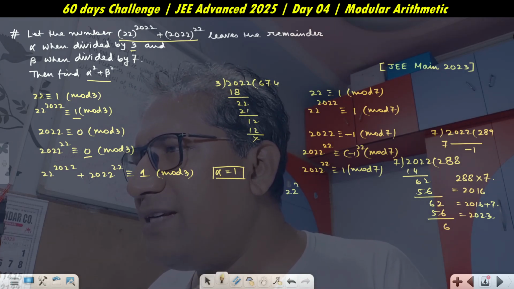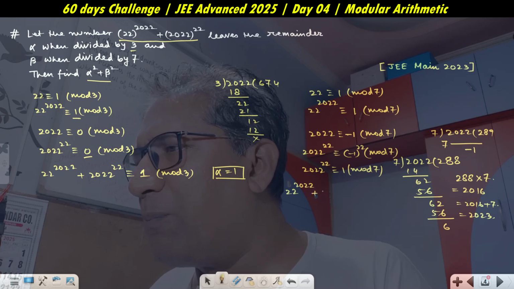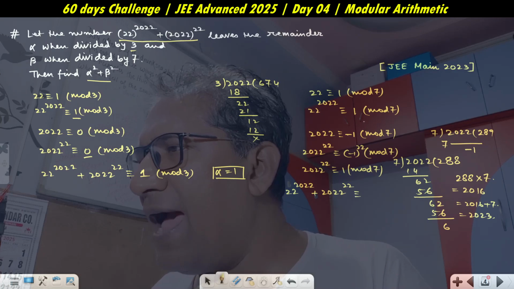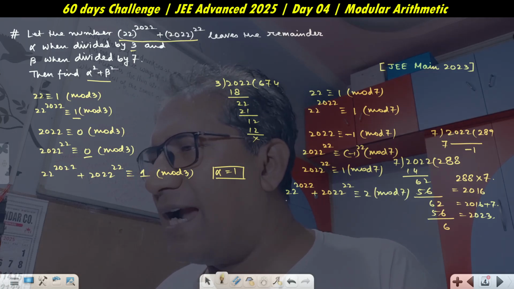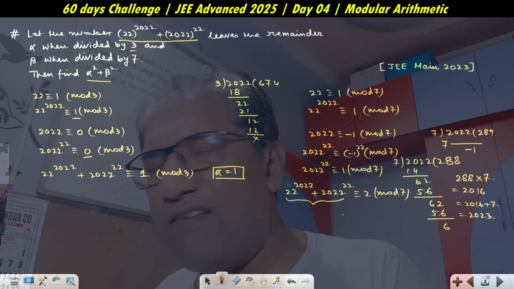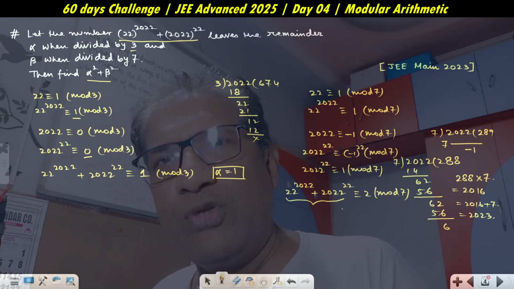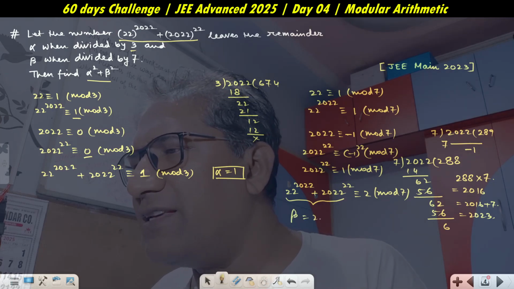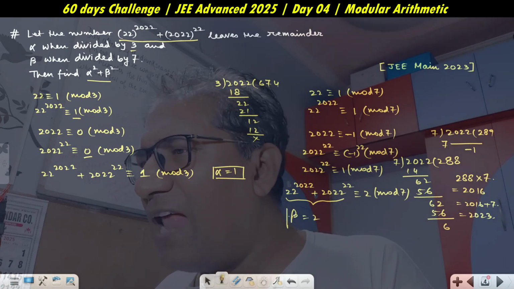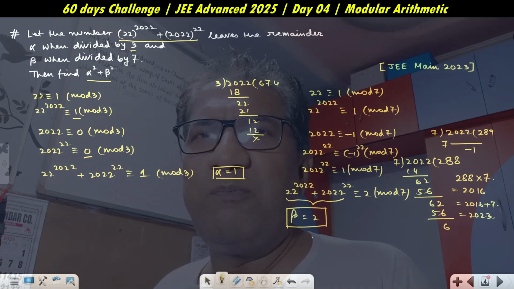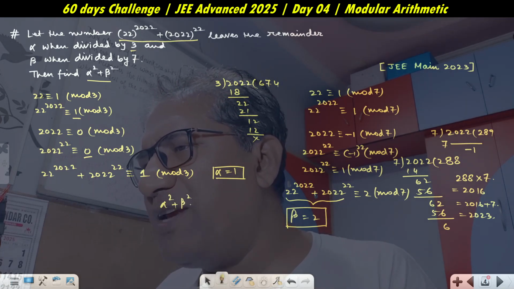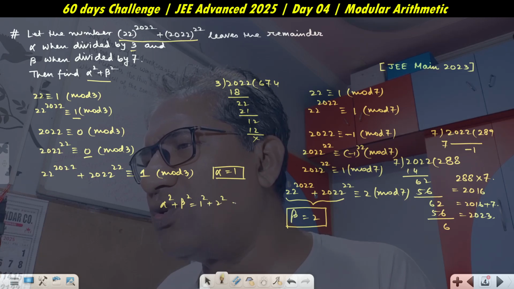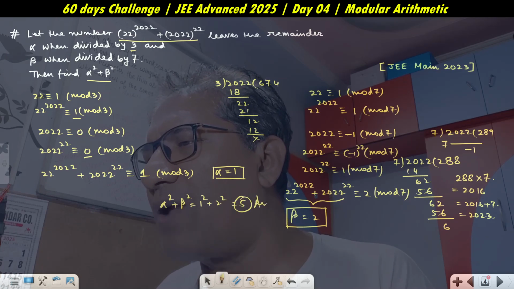Thus, 22 to the power 2022 plus 2022 to the power 22, adding the corresponding sides, we are getting 2 modulo 7. That is, when this is divided by 7, the remainder is 2. That is, your beta is 2. So alpha is 1, beta is 2. Therefore, alpha square plus beta square is 1 square plus 2 square, that gives us 5, and that's your answer.